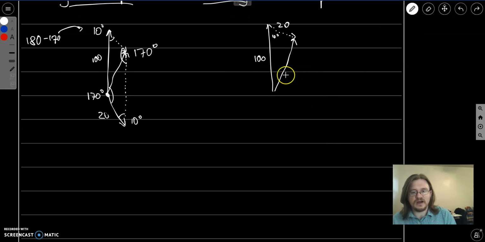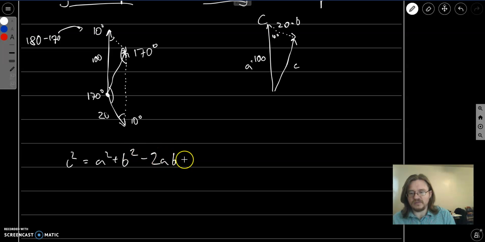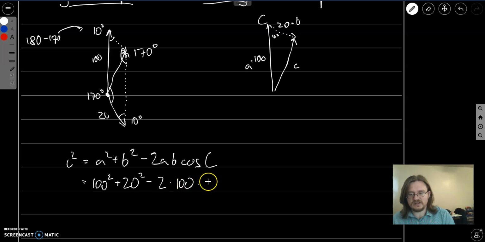If I call this side a, this side b, this side will be c, and this angle up here is going to be capital C. We have c squared equals a squared plus b squared minus 2ab cosine C. So plugging in our numbers, we'll have 100 squared plus 20 squared minus 2 times 100 times 20 times cosine of our 10 degree angle.